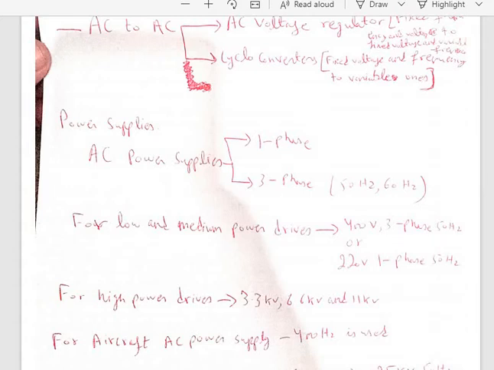So as you go higher in frequency, the weight of that object reduces. In aircraft we have a limitation on the weight that it can carry. So in order to reduce that weight, we increase the frequency from 50 hertz or 60 hertz to 400 hertz so that the magnetizing component's weight can be reduced.